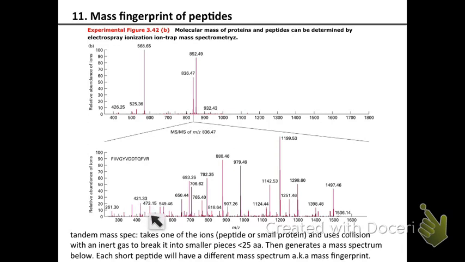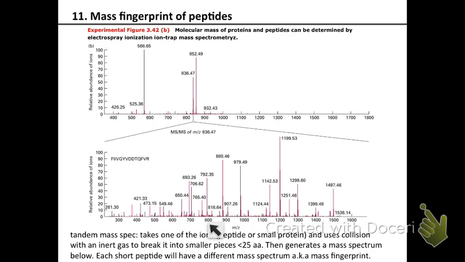And then each of these peptide masses is going to give you a relative abundance. So from a peptide sequence like this, by randomly breaking it into smaller pieces, you can get this spectra.